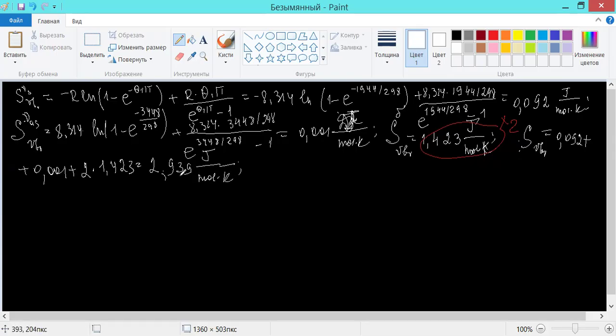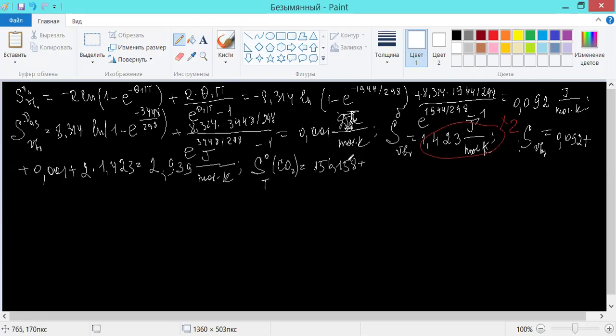And now we can calculate the whole entropy of CO2 at temperature T. So the translational component of the entropy is equal to 156.158.